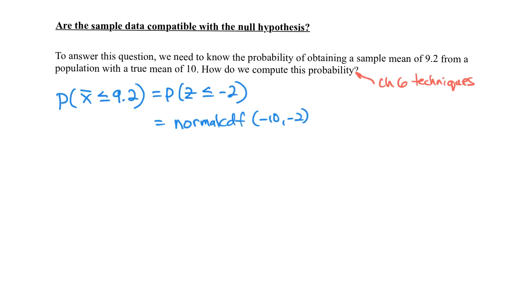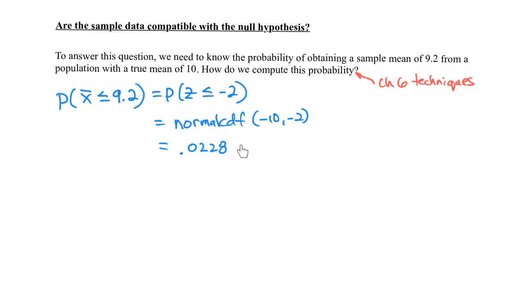Or you could use a table for some of you who missed the 1970s and love tables. Normal CDF is, again, typically much faster. And then from here, we'll get a number 0.0228. Okay, so this is stuff we've already seen.